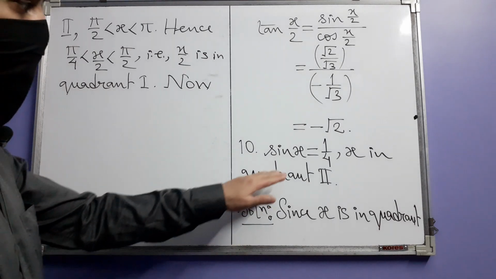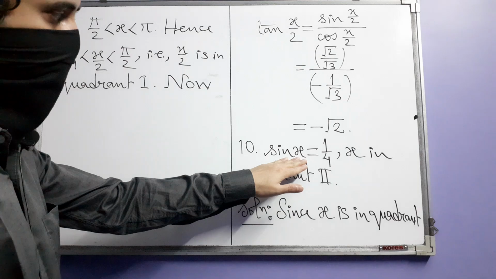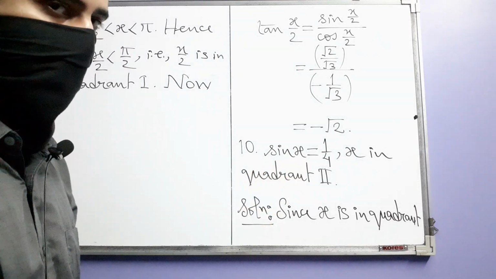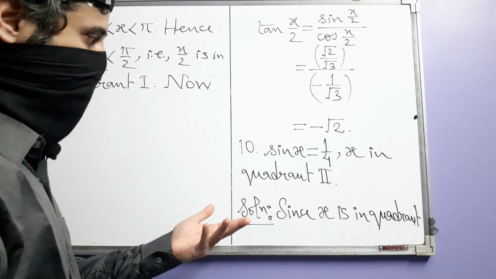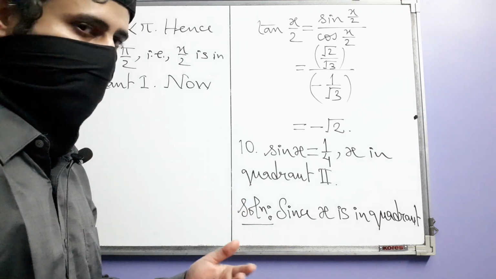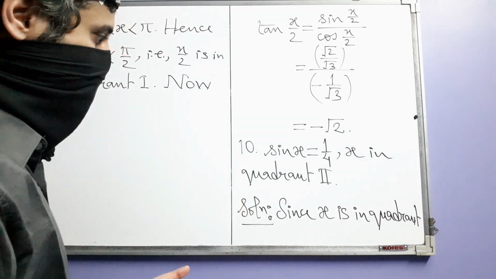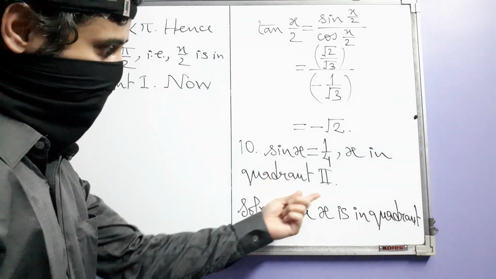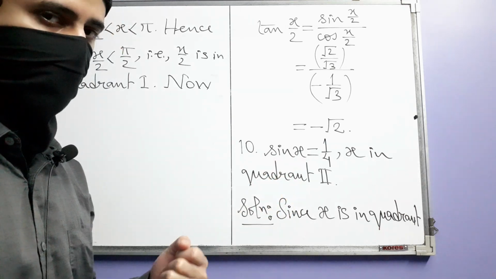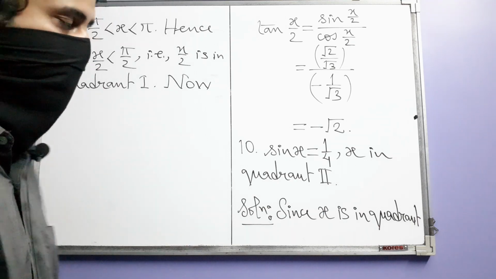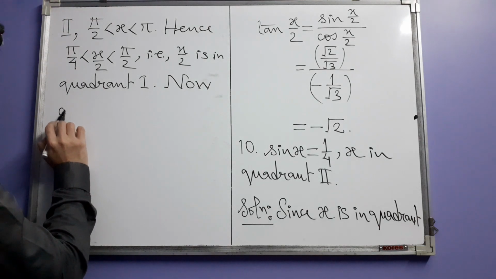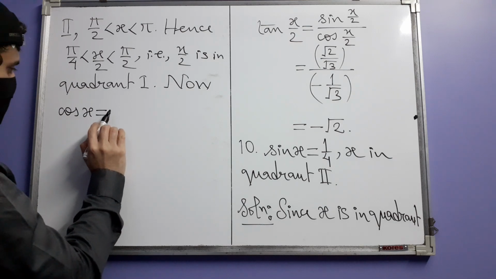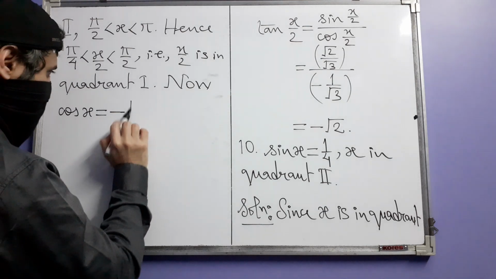Note that when we are going to find cos x, we will use the relation between sine and cos, our usual thing, that cos square x is 1 minus sine square x. We will then have to take square root. Which sign will come then? X is in quadrant 2, so cosine will be negative.